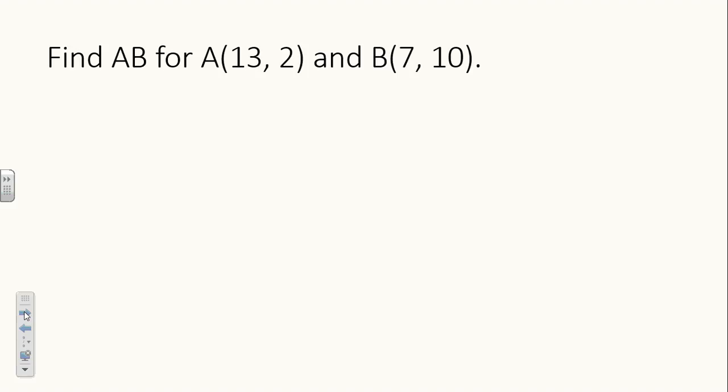So, distance formula says for any 2 points, x sub 1, y sub 1, and x sub 2, y sub 2, if you want to find the distance between those 2 points, you're using the Pythagorean theorem. You're saying find the distance between the 2 x's.